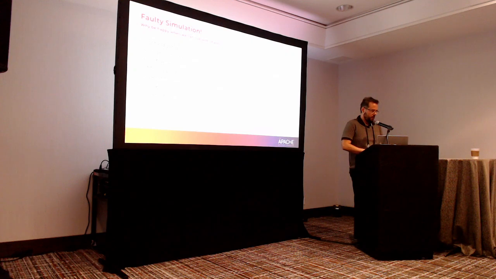Okay. So when you're dealing with simulation, you might want to be checking if you can handle different kinds of faults. So what are those faults that you can do? Well, with scheduling, you can start playing around with different delays. Sometimes you have really large delays, sometimes you have really short delays. Or maybe you want to change around order. You enqueue A and B, and then you want to execute B and A in one test and A and B in another.